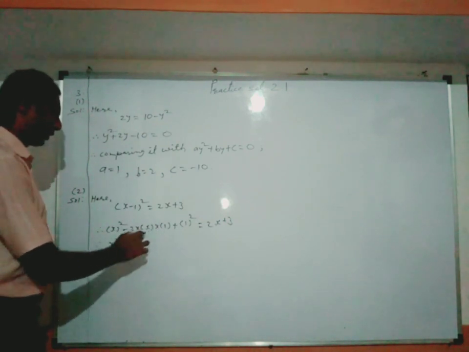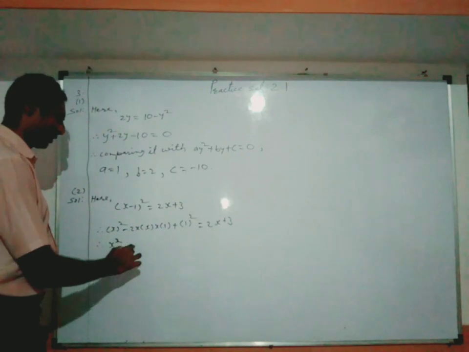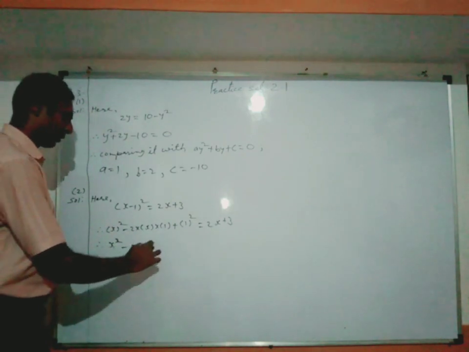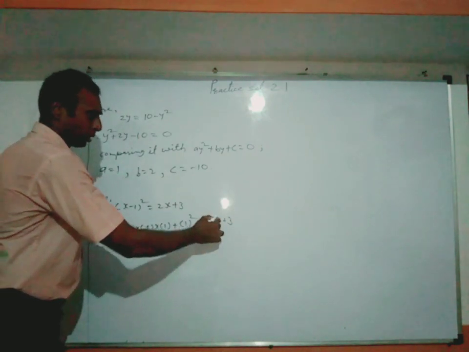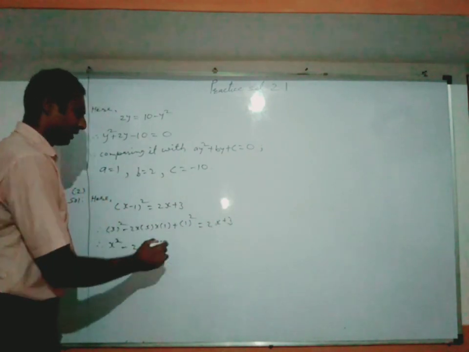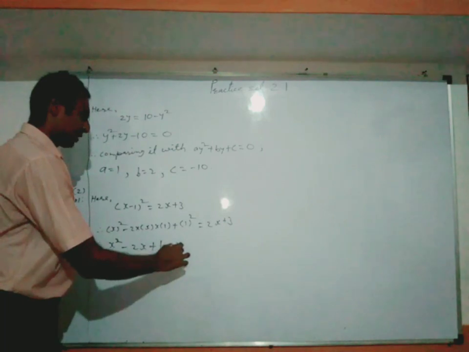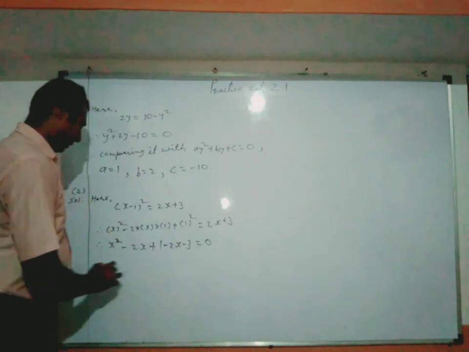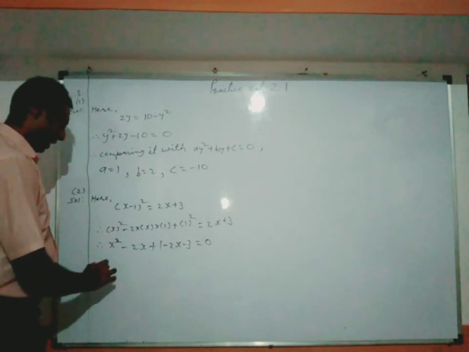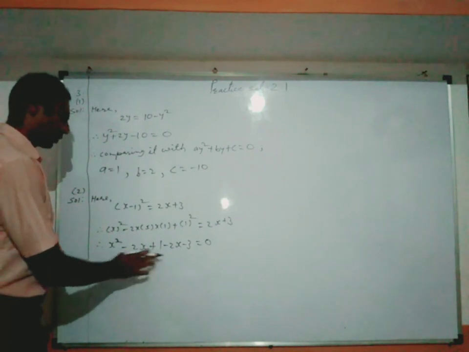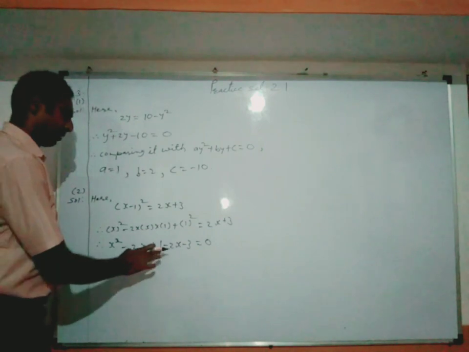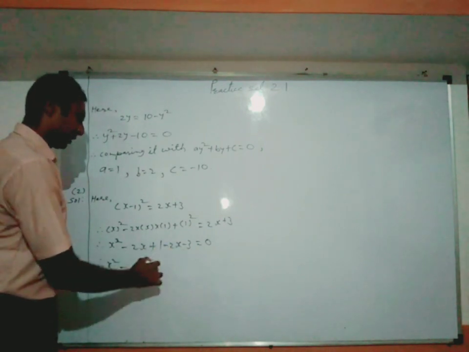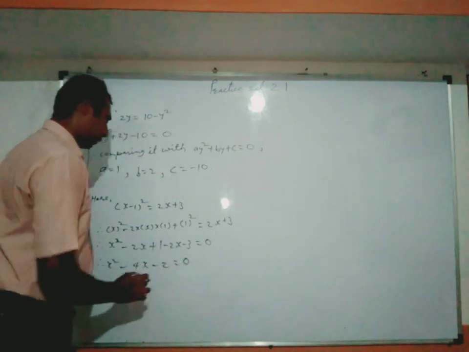Therefore it will be x square minus 2 into 1 into x gives us minus 2x, and square of 1 is 1, and let's transfer all non-zero terms from right to left. It gives us minus 2x minus 3 equal to 0, and therefore x square minus 2x minus 2x gives us minus 4x, plus 1 minus 3 gives us minus 2, that equal to 0.